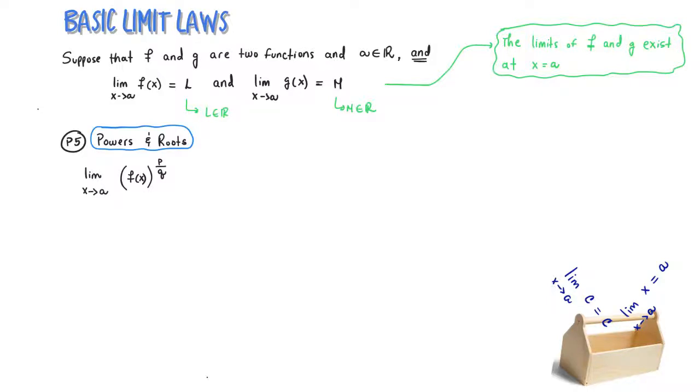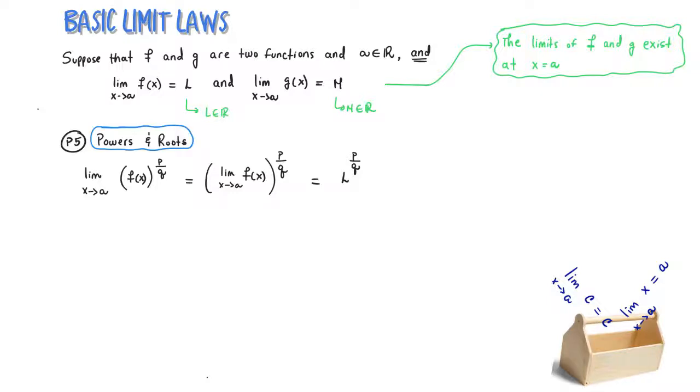So this will be equal to the limit as x approaches a of f of x to the p over q, which in turn, because we know that this limit exists, right, over here above, this limit is equal to L, we can make the substitution, and we can say L to the p over q.